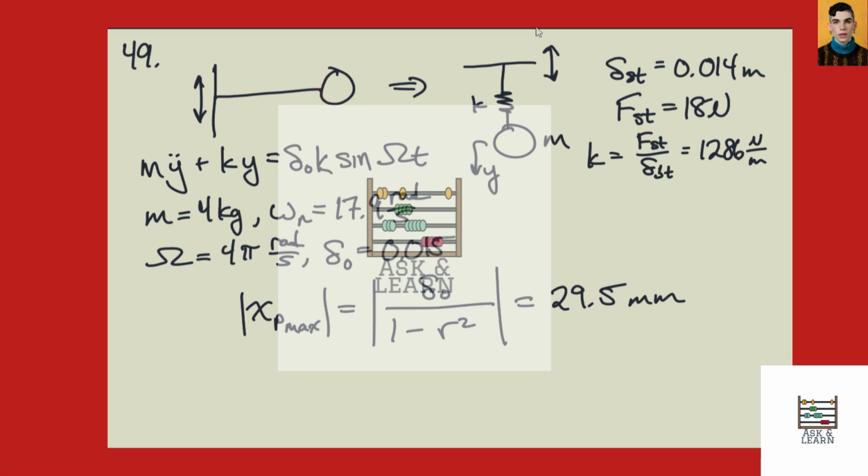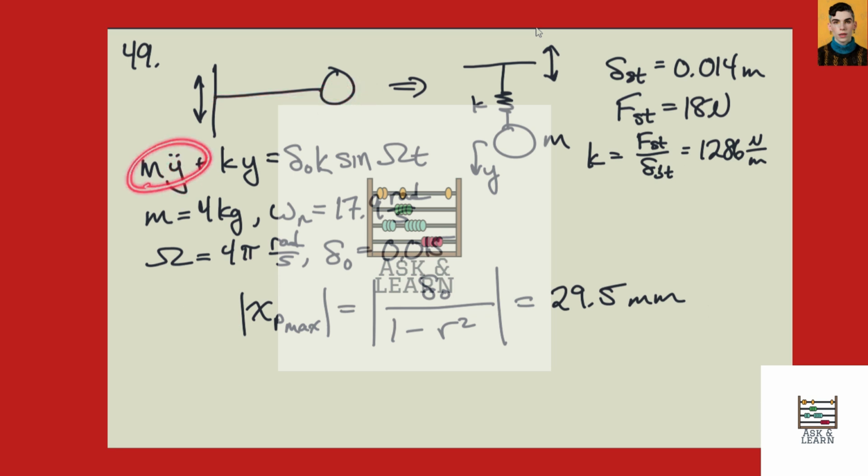Either way, we get m y double dot, where y is measured from the static equilibrium of this. So if this were not shaking and if we had gravity acting, again, I'm not sure even if this is supposed to be in the horizontal plane or the vertical plane, but if we had gravity acting, then y would just be a measure from where the equilibrium position is.